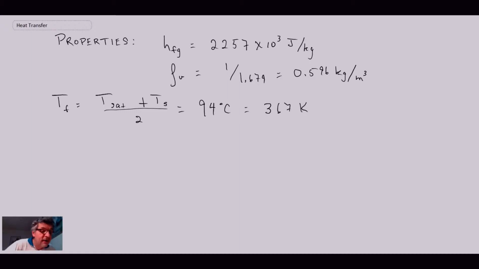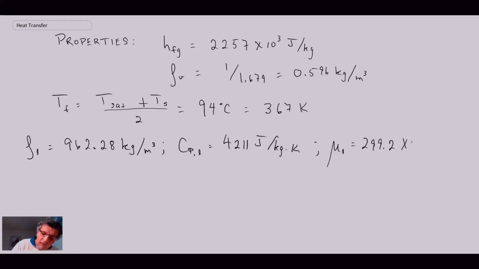Chances are we're going to have to do some interpolation when we go into our tables, because typically the tables are in increments of 10 or 5, but at 367 we have to do interpolation. So let's go into the tables, pull out the values, and I'll just write them down. Those are the properties at the film temperature.